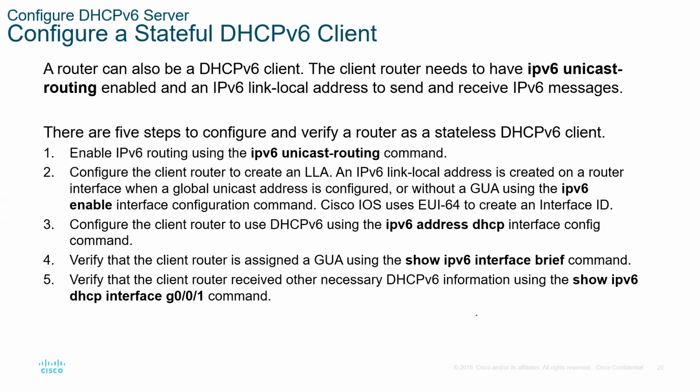Configuring as a stateful client is the same thing. The only difference here is that instead of getting an address from SLAAC using the autoconfig command, here we use DHCP.